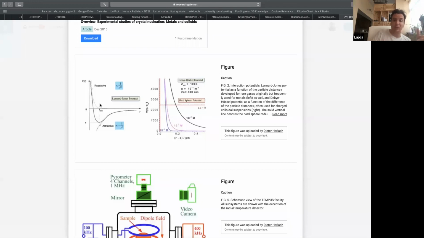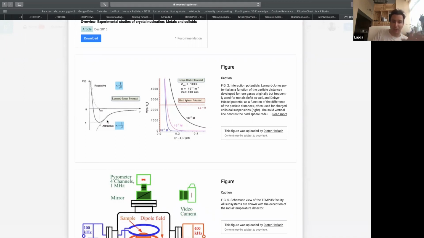So that's the optimal distance between the two atoms or two side chains. If they are getting closer to each other, of course, they will repulse each other. If they go further away from each other, then the forces that are keeping them together will be weakened. So all of the forces between atoms, between side chains, between a negative and positively charged entity can be described by this kind of Lennard-Jones potential curve.